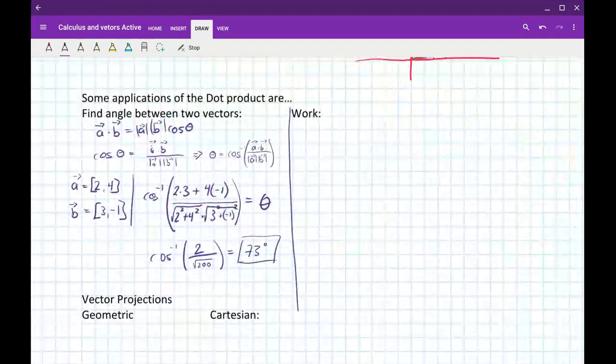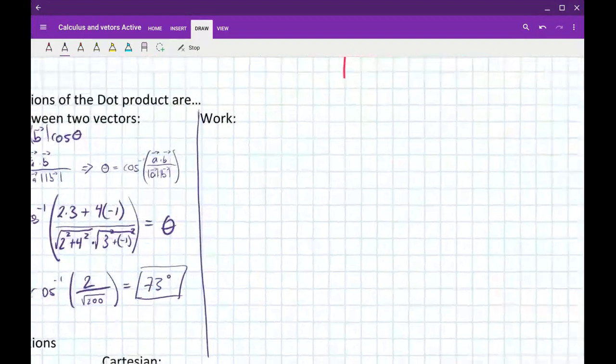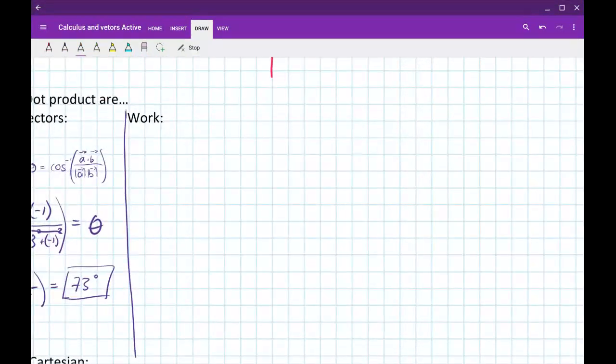Another application for the dot product is work. Okay, and this is a physics concept. Work is force times displacement, which is equal to the force magnitude times the displacement magnitude times the cosine of the angle. Those of you in physics class would find this a familiar formula.